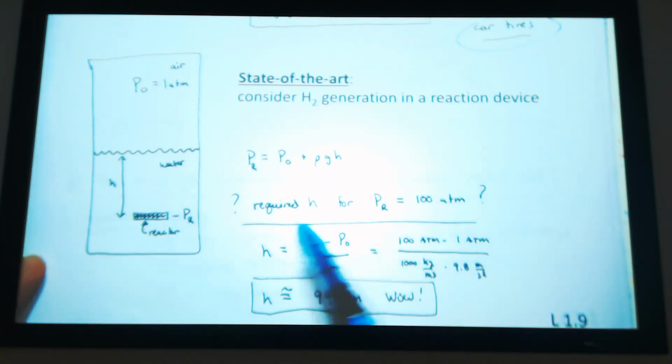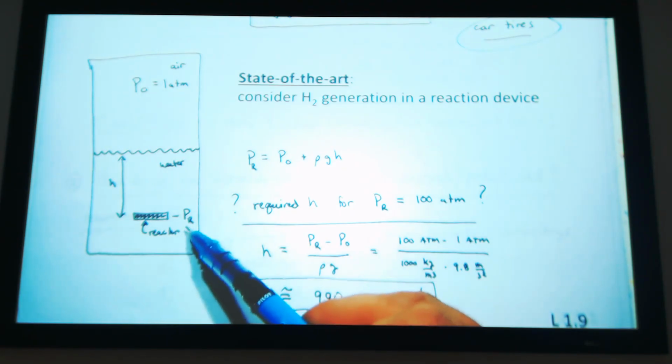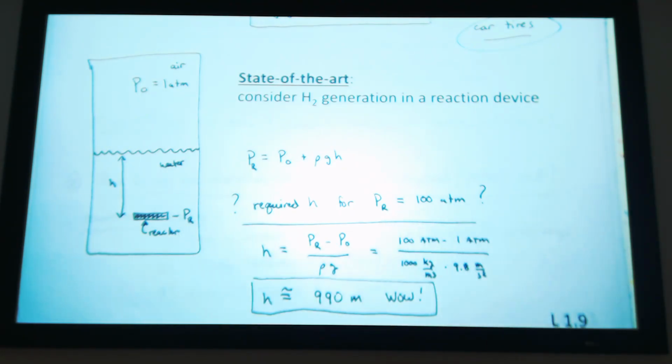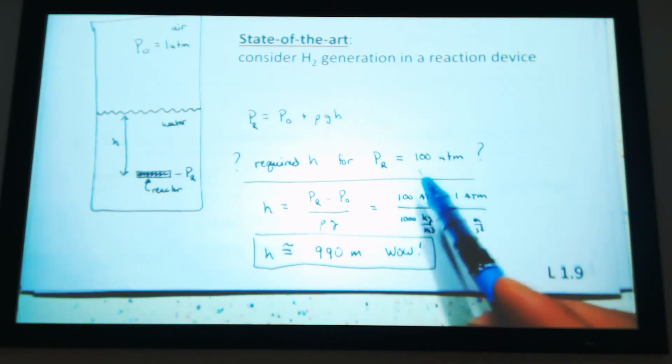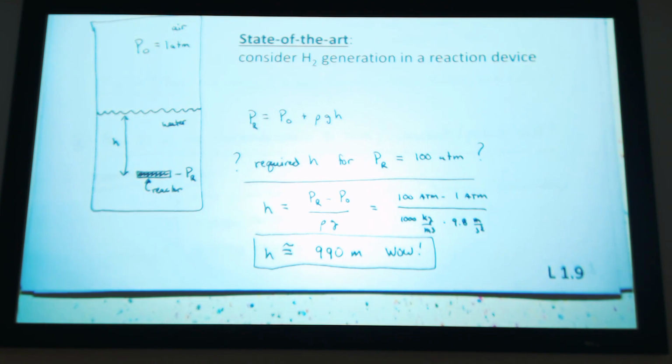I ask what the required h is for this pressure, say 100 atmospheres, and I can just go through it. These hydrogen producing devices, for hydrogen based cars, need really high pressures to do it efficiently.